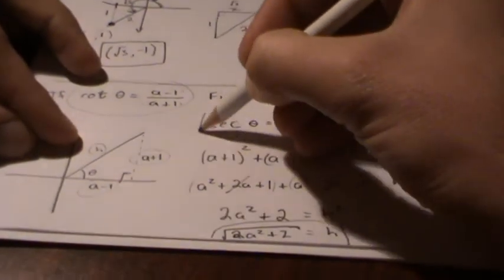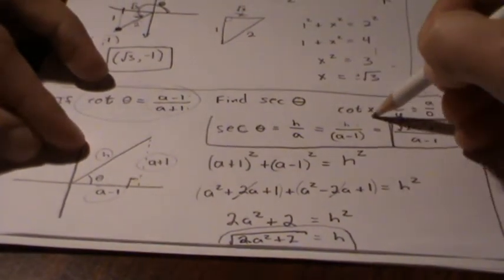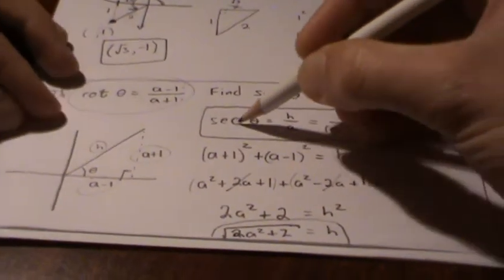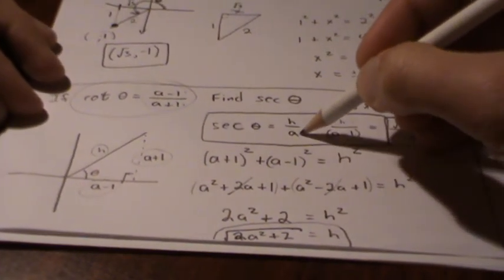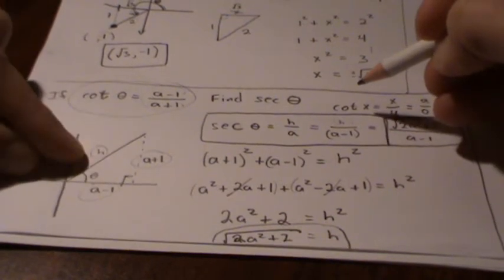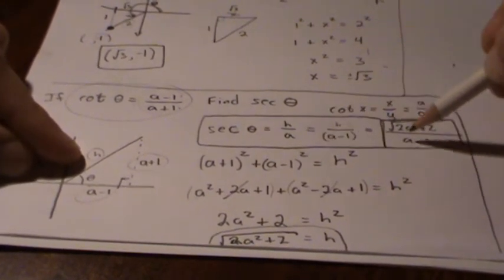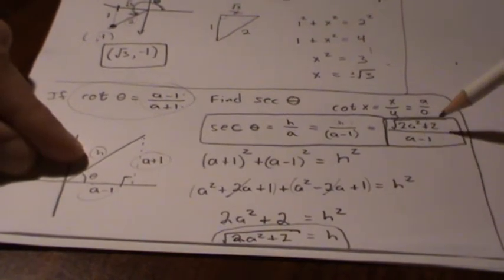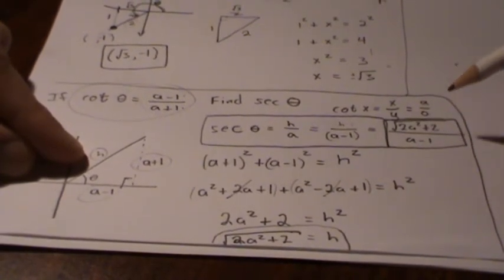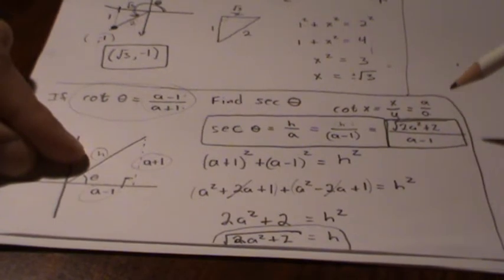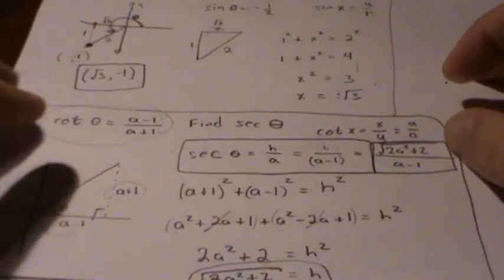Now I can find the secant of an angle because I know that the secant is the hypotenuse over the adjacent. And so I find the hypotenuse and place it in the numerator, and I find the adjacent, place it in the denominator, and so this is what the secant of theta is equal to. Alright?